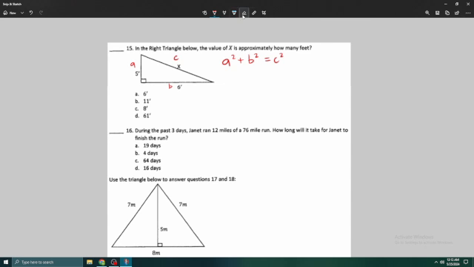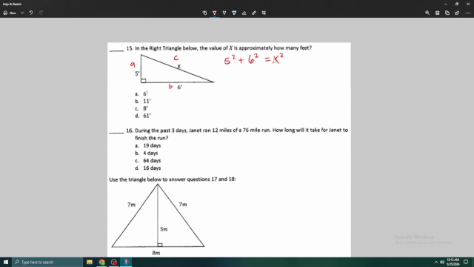Let's replace these values with what we have here. A is 5, b is 6, and c is x in this scenario, solving for x.